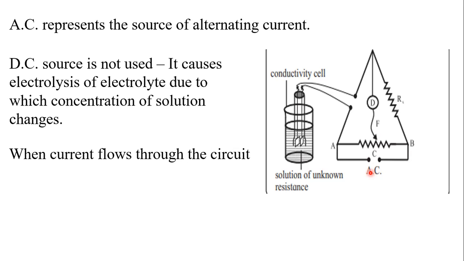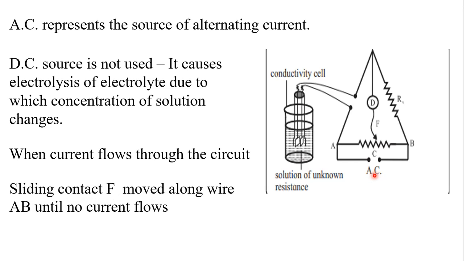When current flows through this circuit, the current detector shows a deflection. Then this sliding contact, that is F, is moved along the wire AB from A to B until no current flows, that means no deflection is observed.